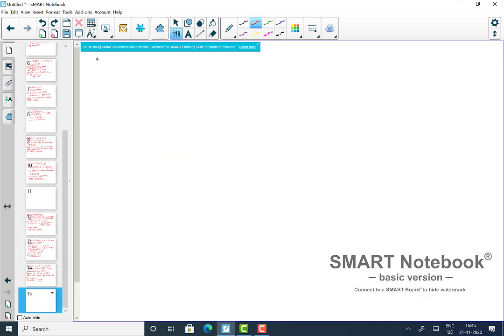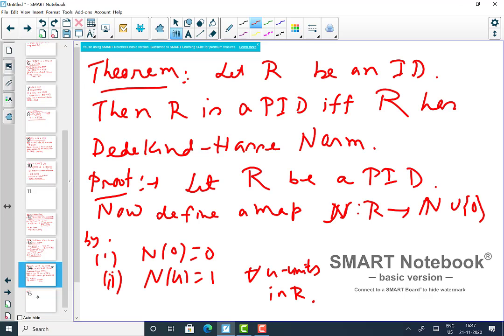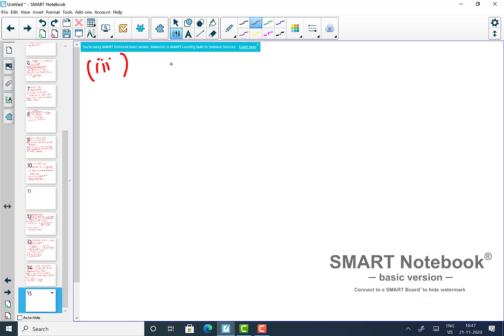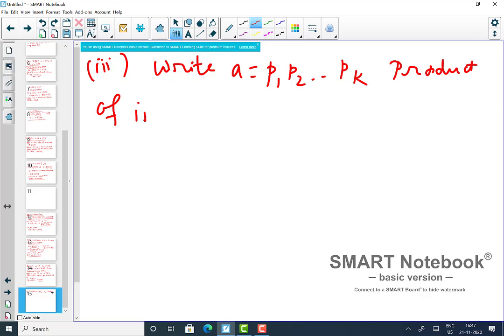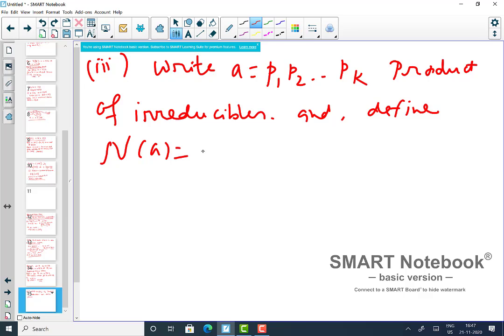Okay, and if it is a non-unit, then we know that principal ideal domains are UFDs, right? Unique factorization domains, and hence you can write the element a as P1, P2, up to Pk, a product of irreducibles, and define the norm of a as 2 power k.